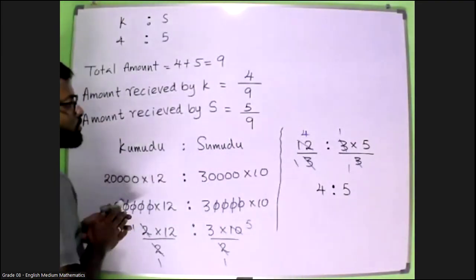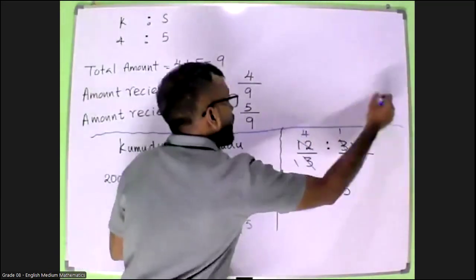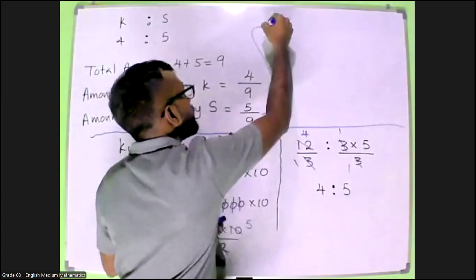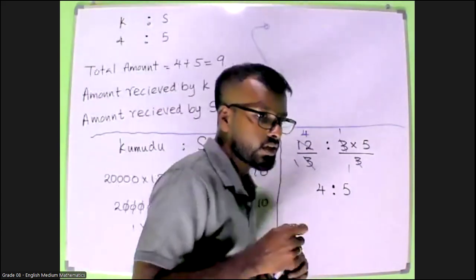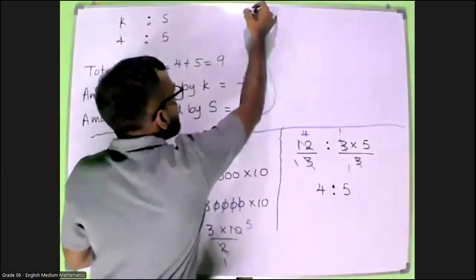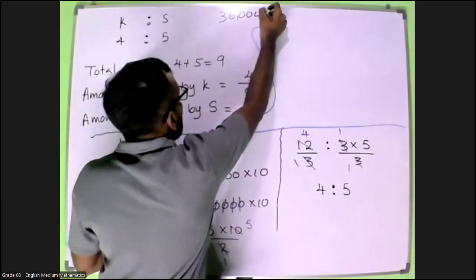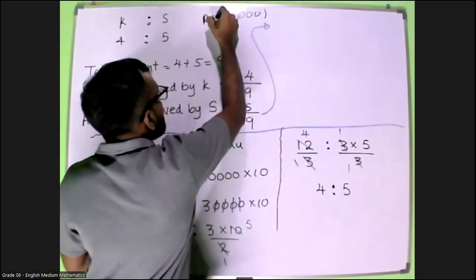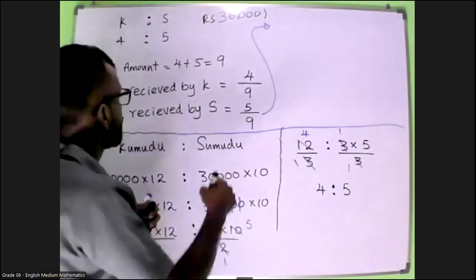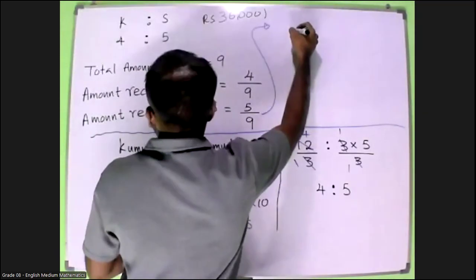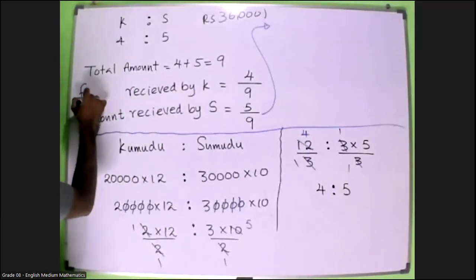So our profit is 36,000. In the question, it has been given. 36,000 rupees of profit. Now I am going to find the amount received by K. So this is not amount, this is fraction.